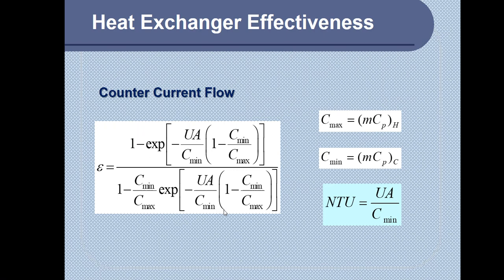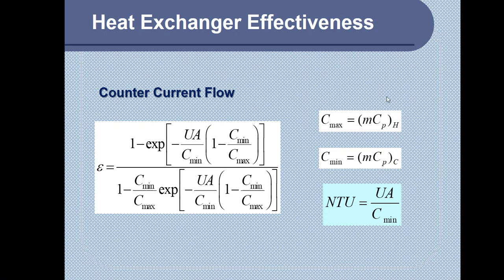For countercurrent flow, the effectiveness is solved using this formula. You have in this formula UA, the overall heat transfer coefficient and the area, C min, and C max. What is C min and C max? C min and C max are simply the product of the mass flow rate and the CP of the cold and hot fluid respectively.